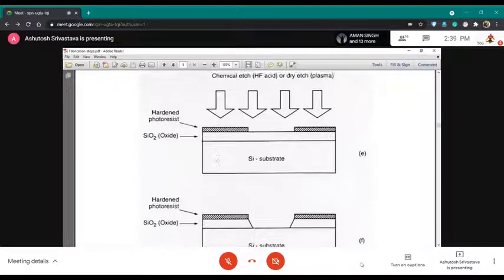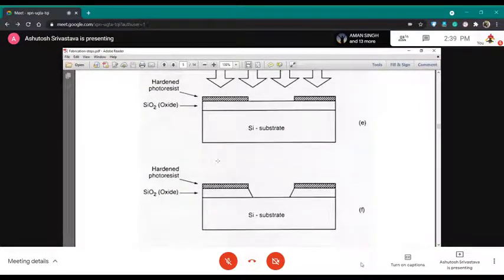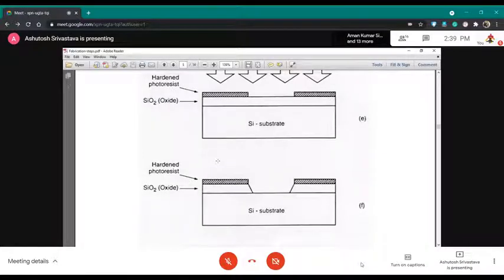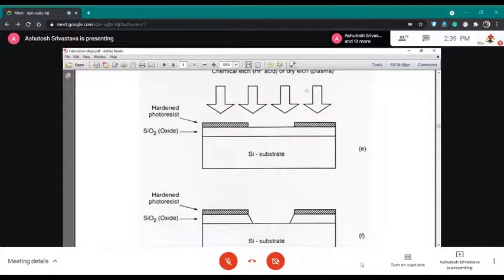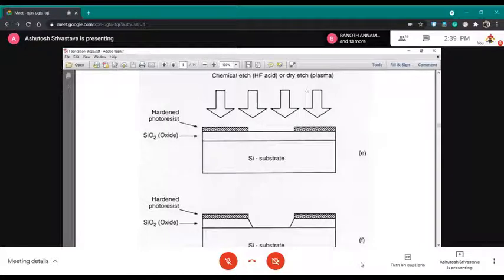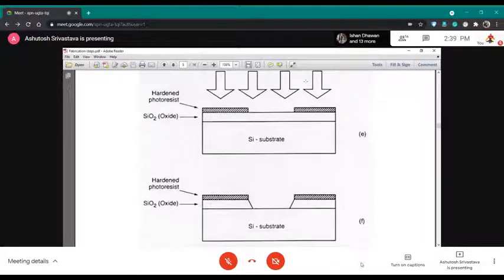And once you have this hardened photoresist and you expose it to the chemical etch or your dry etch, it will lead to the etching of the oxide region in this area. And this is the remaining area where you have silicon dioxide.